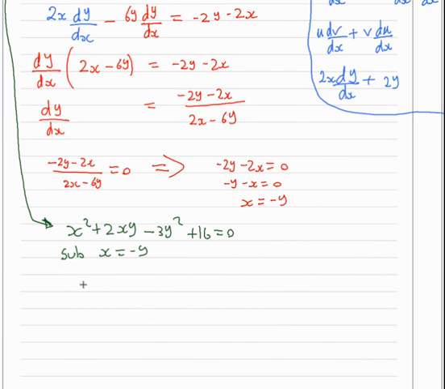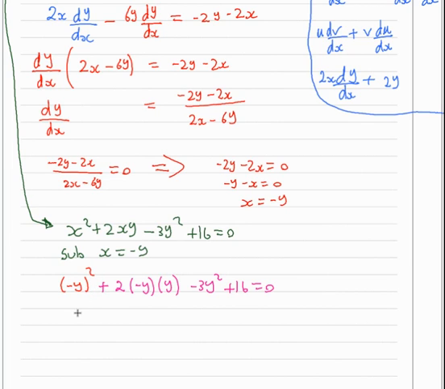So I'm going to write minus y squared, plus 2 lots of minus y times y, minus 3y squared plus 16 equals 0.